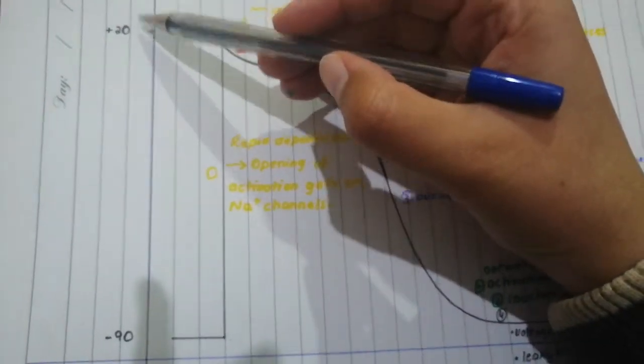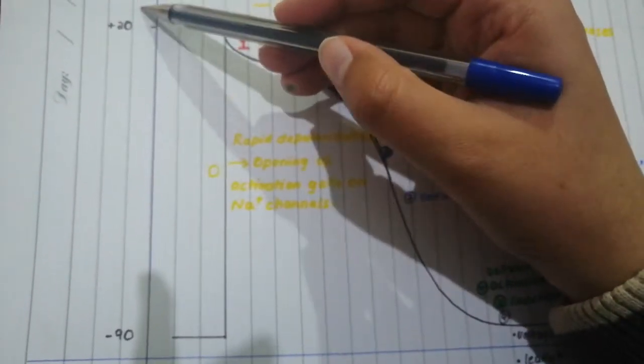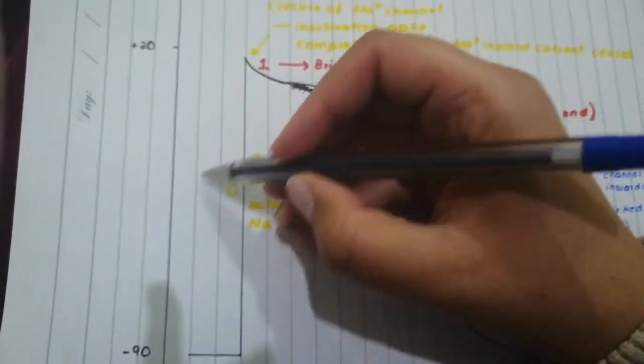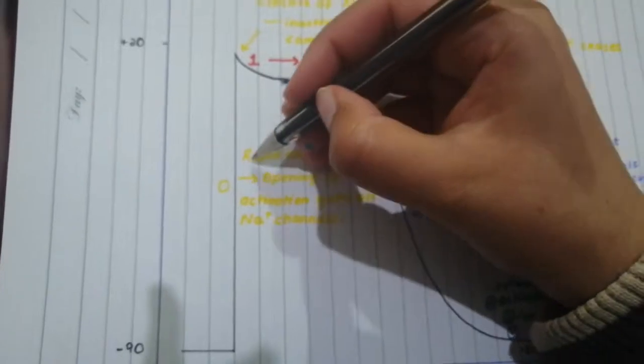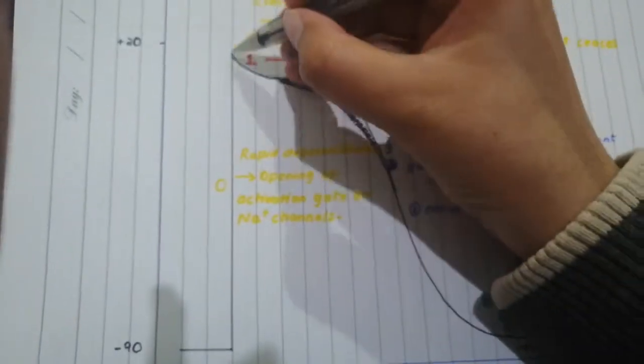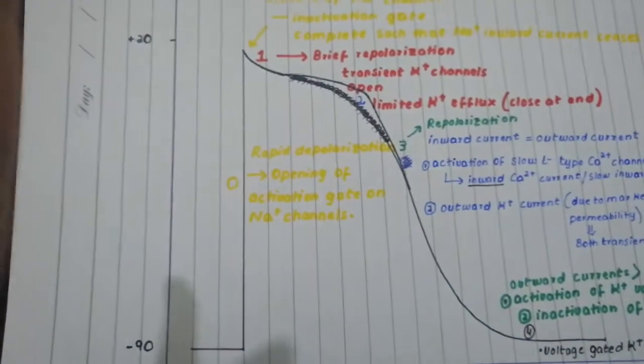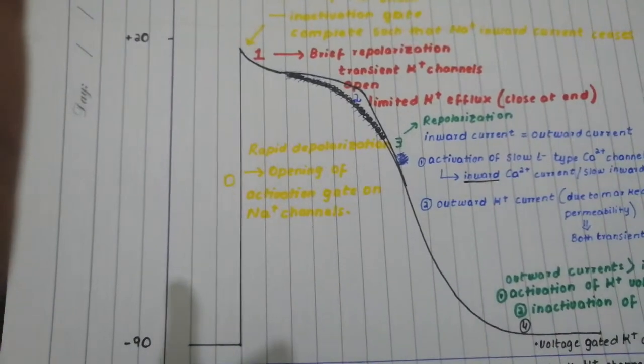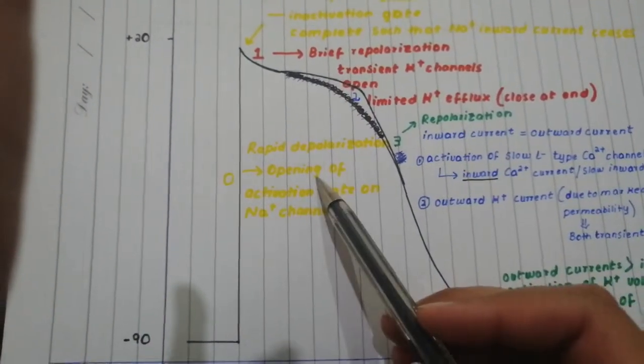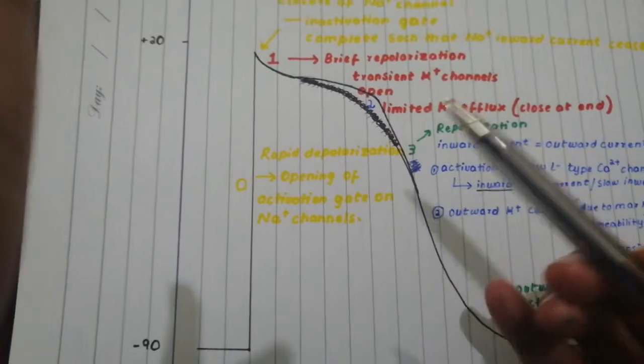This is a bit different from that of skeletal muscle fibers, which is about +35. Anyways, this is also described as phase 0 or rapid depolarization, due to the opening of the activation gate of voltage gated Na+ channels, whose conductance is affected by the voltage.